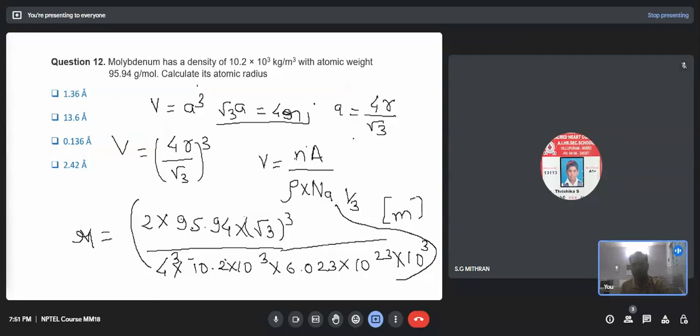Now we have to convert into angstrom. For that we multiply the whole value with 10 to the power 10, so we'll get the value in angstrom.